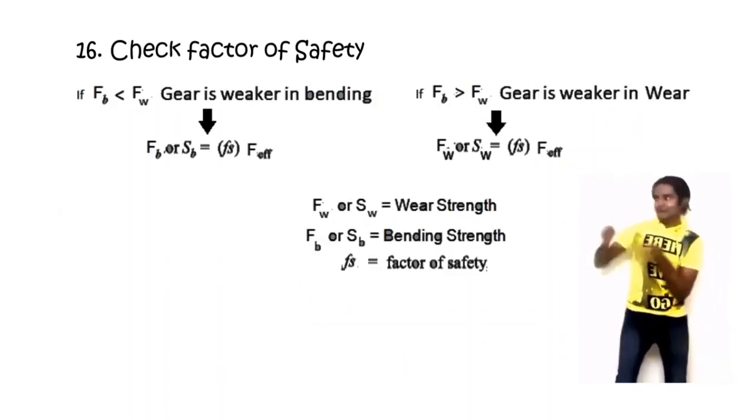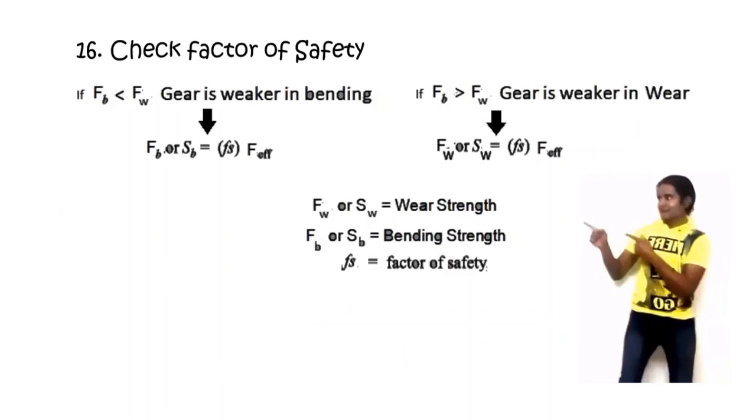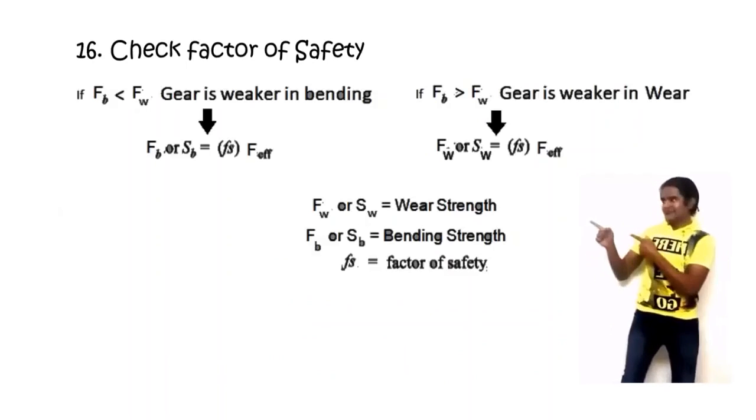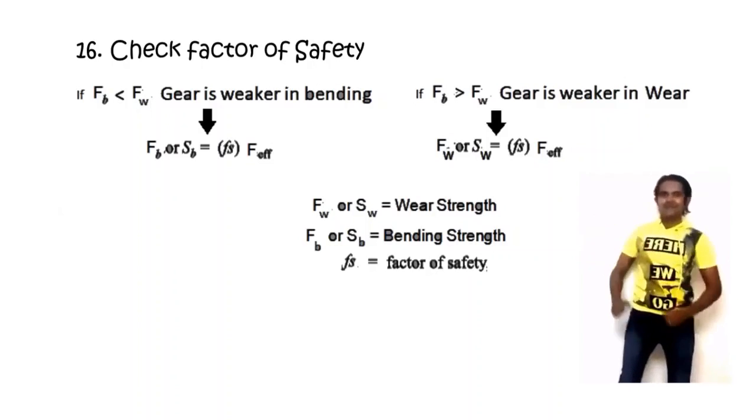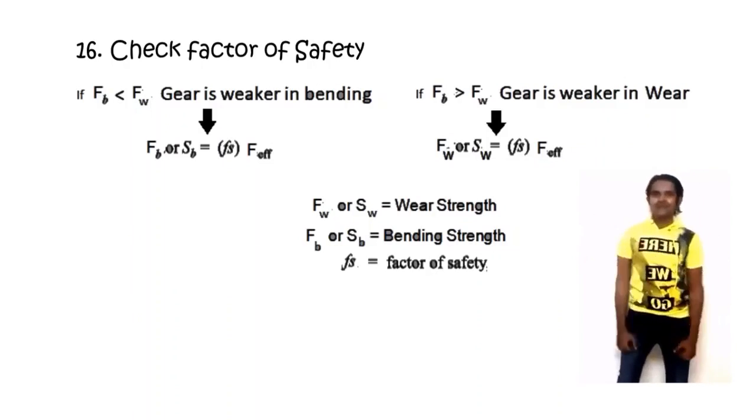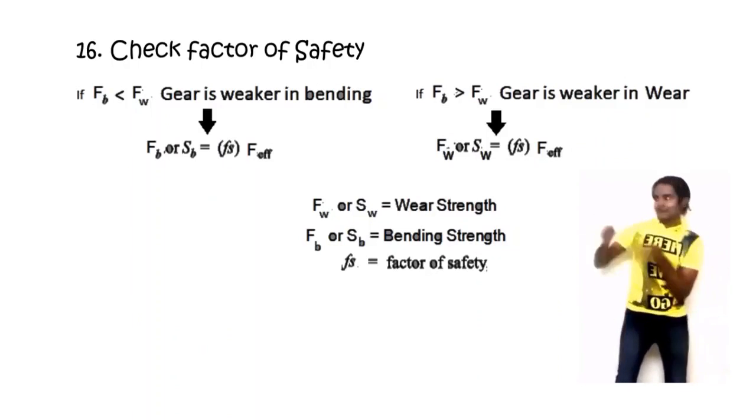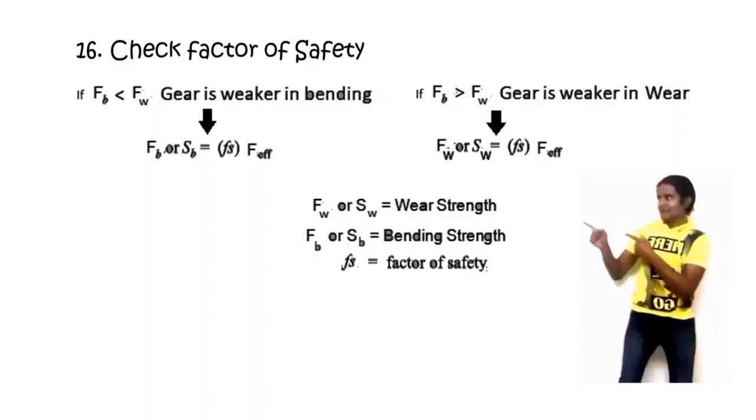16th step, you have to calculate or check your factor of safety. Now this you have to do on the basis of which one is weaker, whether the gear is weaker in bending or the gear is weaker in wear. Let us say the gear is weaker in wear. You compared the value of FB and FW and you found that FW value is less. So you come to the conclusion that the gear is weaker in wear.